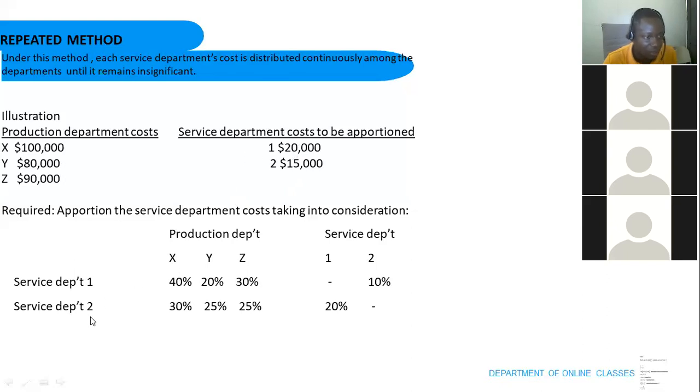And when it comes to 15,000, which is the cost incurred by service department 2, this is the set of figures that you will use. You can see 30%, 25%. It's as simple as that. Just like a ratio, they give you the figure, then you keep on sharing. That's how it is.